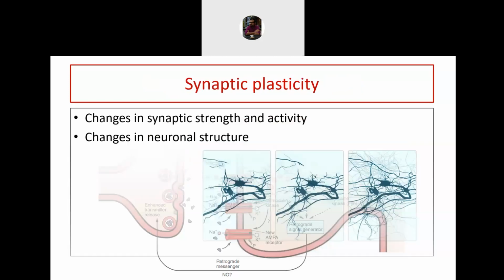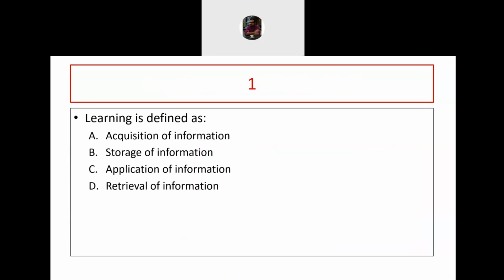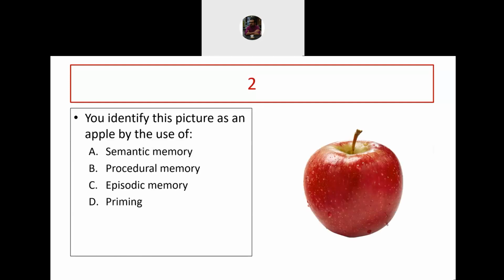So let us start answering the questions that we started with. Learning is defined as acquisition of information. So what kind of memory are you using when you call this an apple?